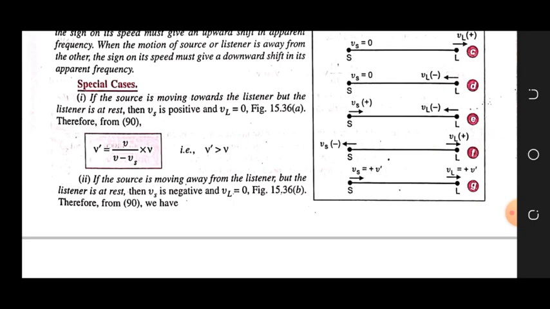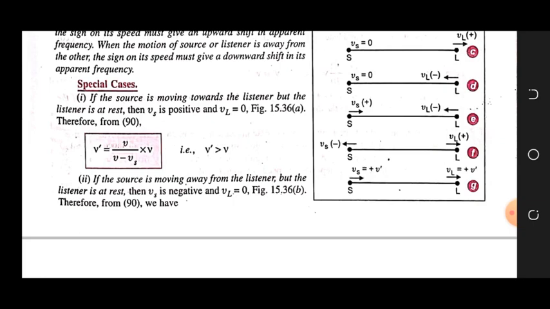So using equation 90, nu dash is equal to v upon v minus vs into nu. In this case you can see the denominator is less than the numerator, which means nu dash will be greater than nu. So whenever the listener is at rest and the source is moving towards it, the frequency heard by the listener will be greater than the actual frequency of the sound produced by the source.